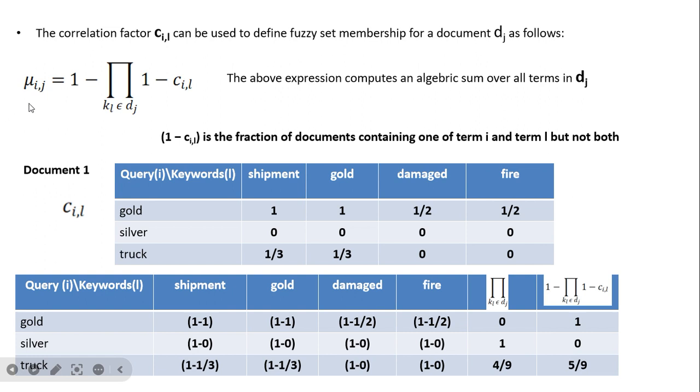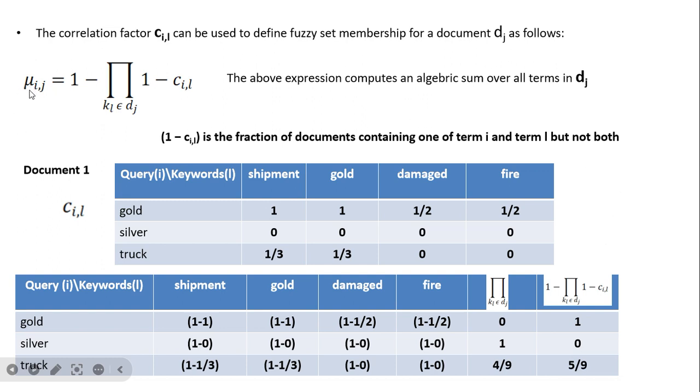Next we need to define the membership value. The correlation factor c_il can be used to define the fuzzy set membership for document Dj as follows. Here we are taking each document, and from the documents we are taking the particular keywords and defining the fuzzy membership.